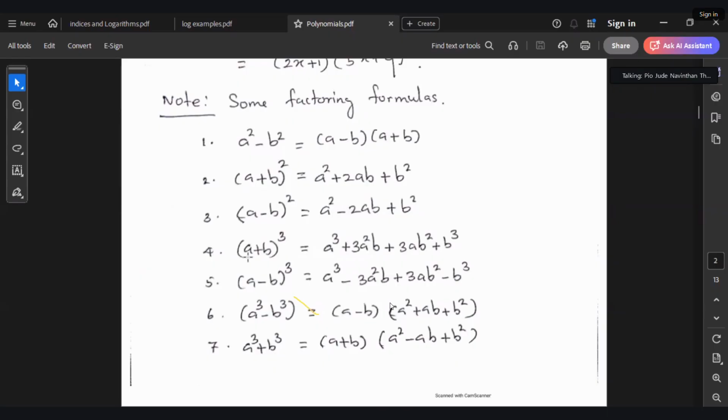A plus B holding cube is A3 plus 3A square B plus 3AB square plus B3. And A minus B holding 3 is A3 minus 3A square B plus 3AB square minus B3, right? So one minute, I need to put the charge later.